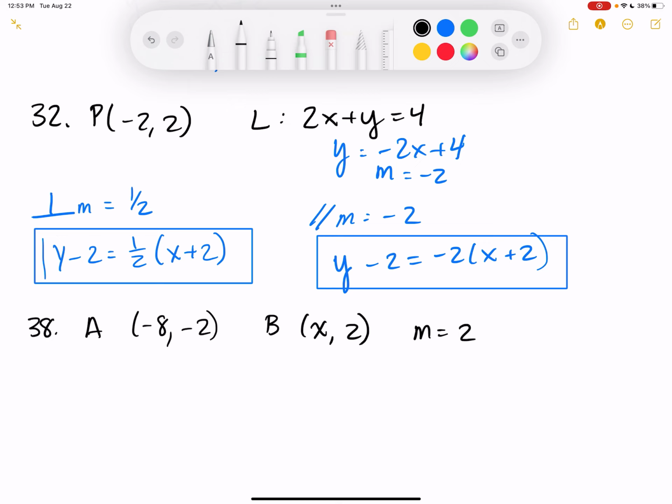Okay. Can you set up the given slope? Yeah. So it's going to be 2 is equal to 2 plus 2 over x plus 8.